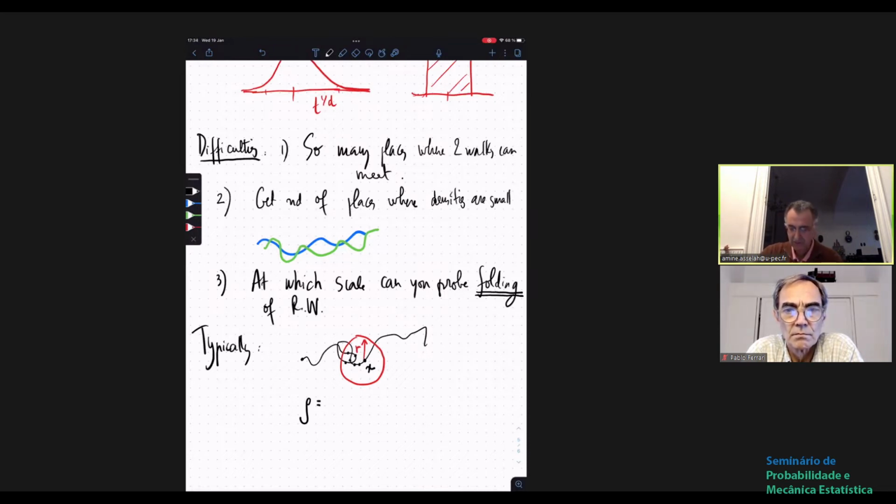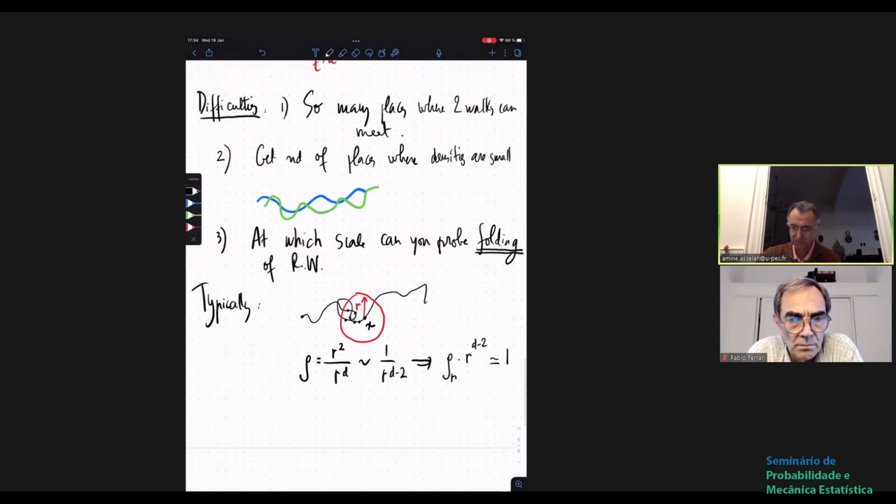Typically there are r² sites inside this volume r^d. So the typical density is 1 over r^(d-2). You see that the random walk is really something which changes as you change the radius. So it's not a homogeneous Poisson point process or anything like that. The correct thing is that the density times r^(d-2) is of order 1. So the density depends on r.